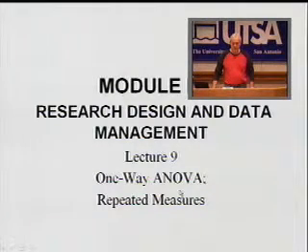We also will use a flow chart to help make decisions based upon our experimental design of what statistical analysis would be important, and we'll see that over and over in the next few lectures.